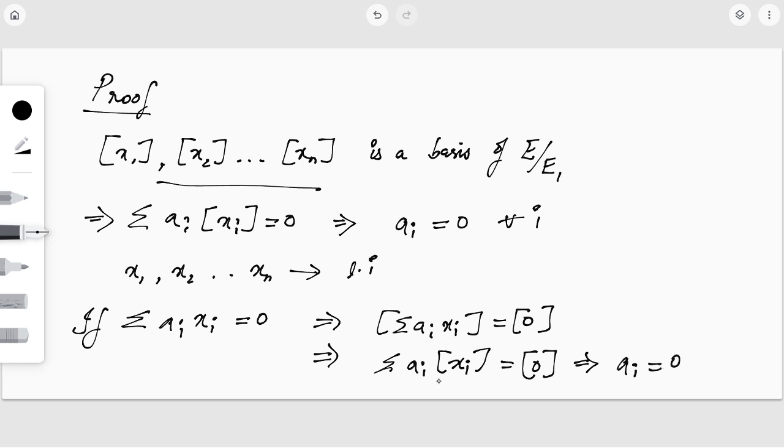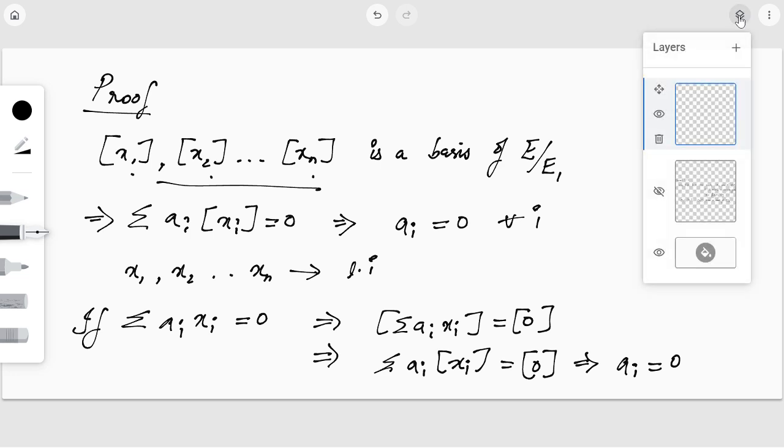Why? Because the set coset x1, coset x2, etc., coset xn is a basis, so they will form a linearly independent set. So whenever summation ai coset xi is 0, we can conclude that each ai must be 0. Thus we have proved that x1, x2, etc., xn is linearly independent relative to the subspace E1.